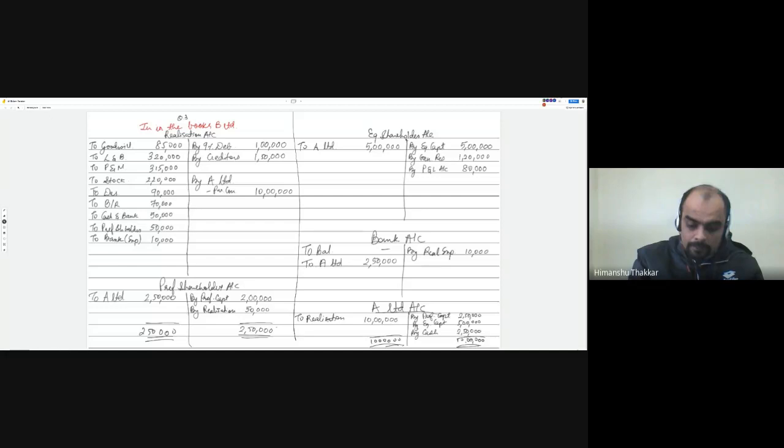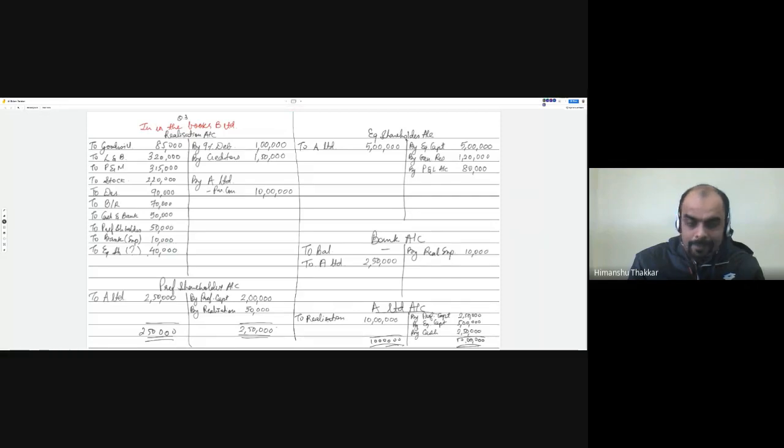That's it, I guess. Just complete the accounts. First we find the profit or loss of realization. There is a profit of 40,000. So to equity shareholders, balance of realization 40,000.